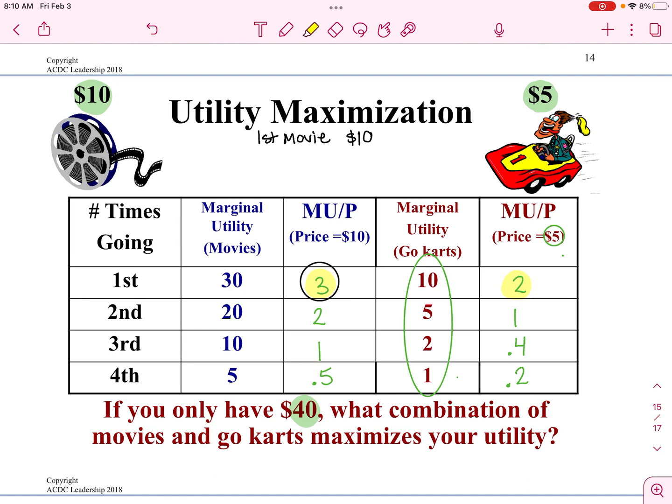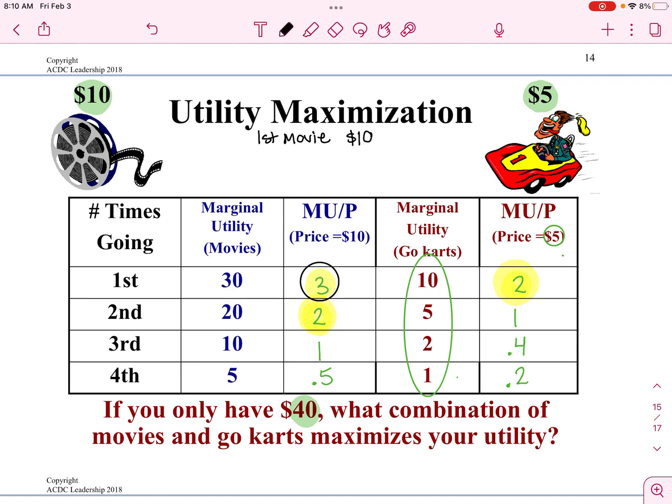So are we going to go see the second movie and get 2 utils per dollar, or go on the go-karts for the first time for 2 utils? Well, they're the same, 2 and 2. So we are indifferent between both of these.